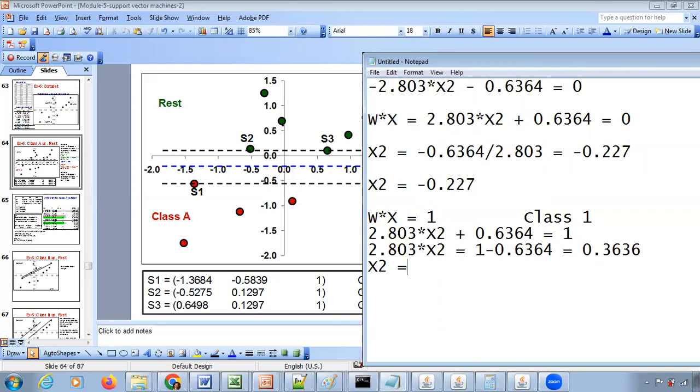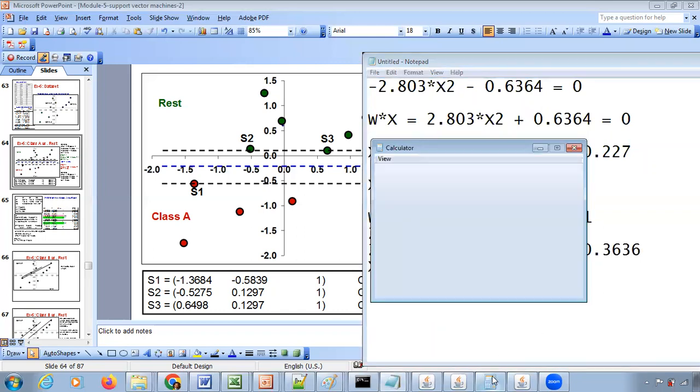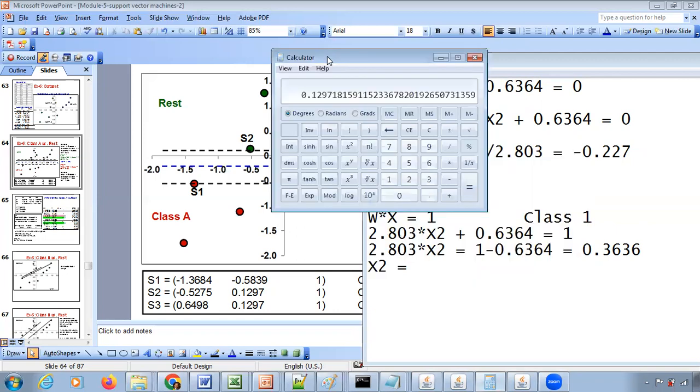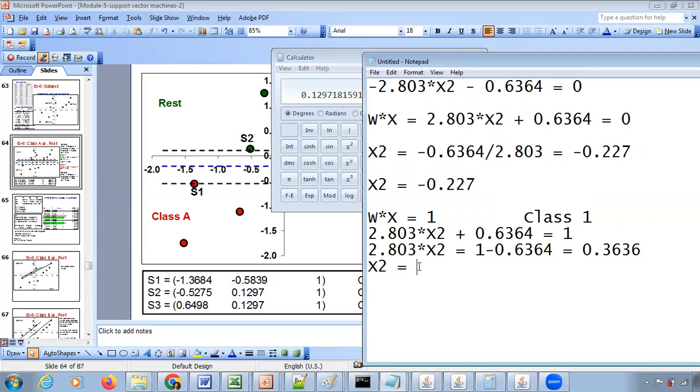So x2 equals 0.3636 divided by 2.803. Let me check if I did any mistake. Okay. See, this is where you have to be careful.